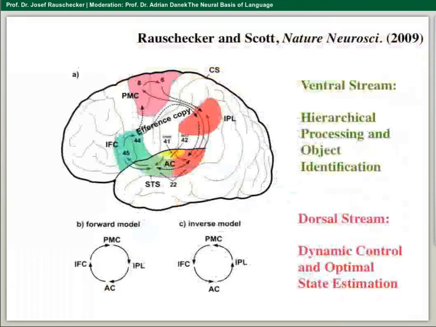And this is then the model that came out of all this, published with Sophie Scott a couple of years ago, where the green part is the ventral stream, where object identification happens. The red part is the dorsal stream together with parietal cortex, and premotor cortex forms the timing information, sequence information. And of course, there is information flowing back and forth between the motor system and the sensory, or in this case, auditory system.